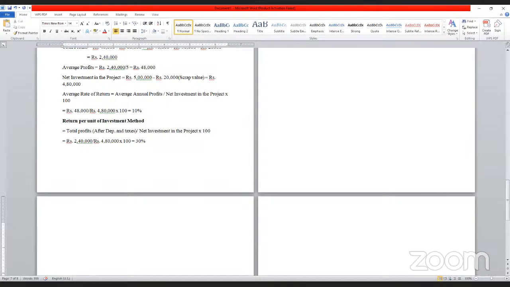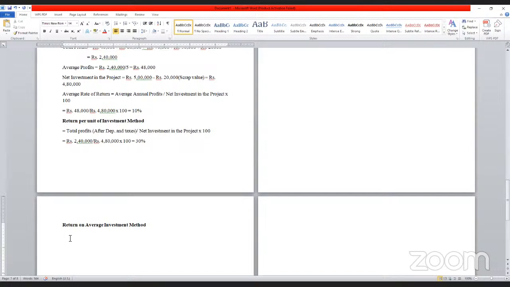Now we'll do next calculation, that is return on average investment method. See, the return on average investment method means in this method, the return on average investments is calculated using average investment.